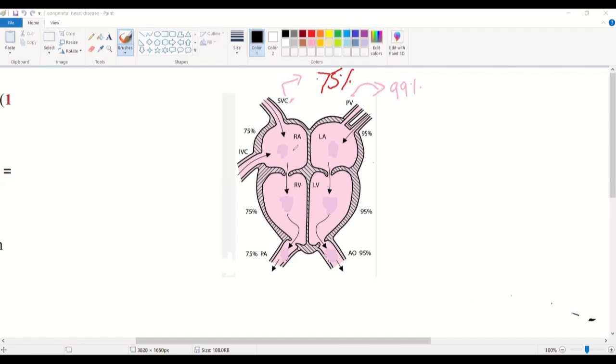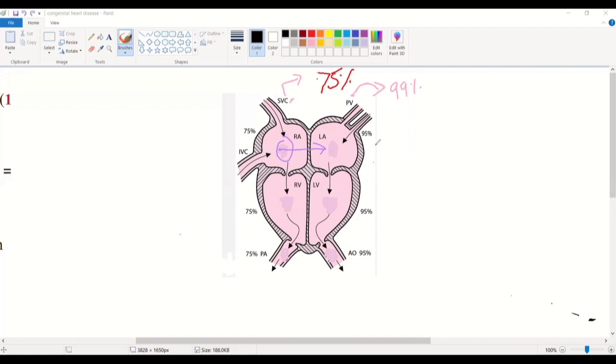Okay, so left to right shunt and right to left shunt. Left to right shunt causes an acyanotic lesion, and right to left shunt causes a cyanotic lesion, because in a right to left shunt, deoxygenated blood mixes with the oxygenated blood.